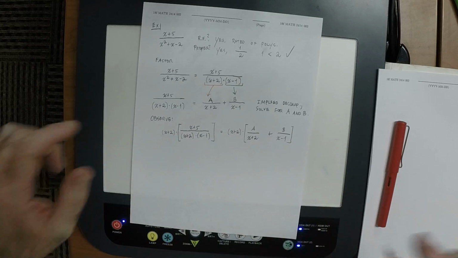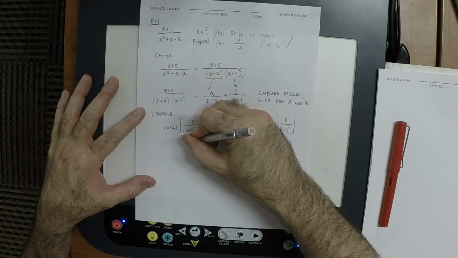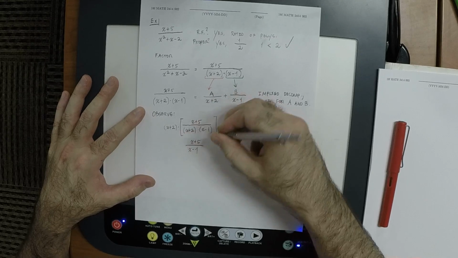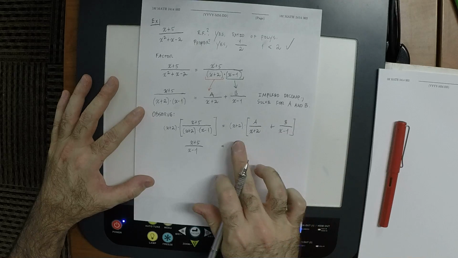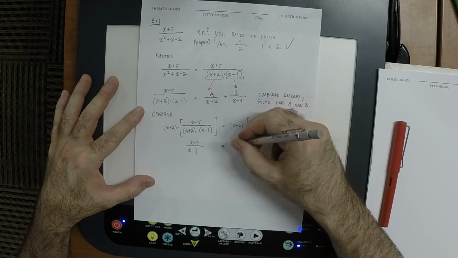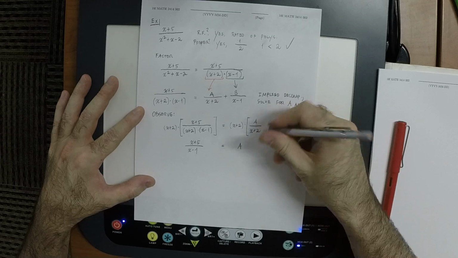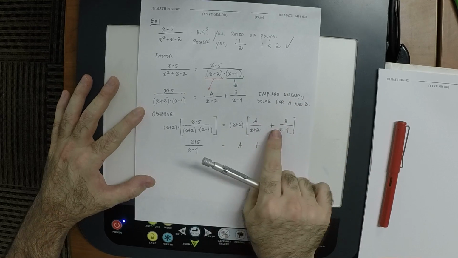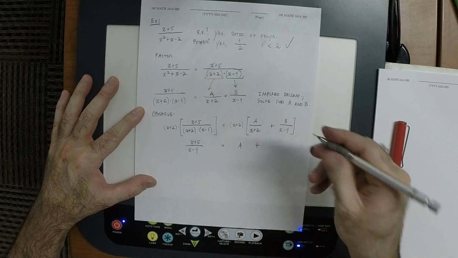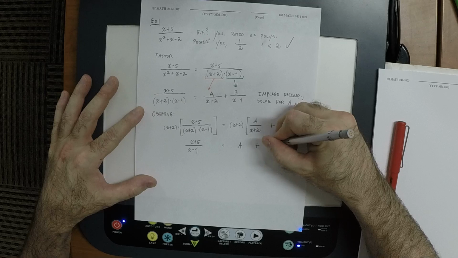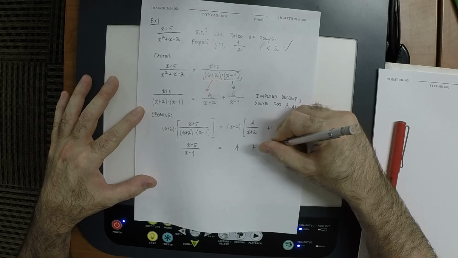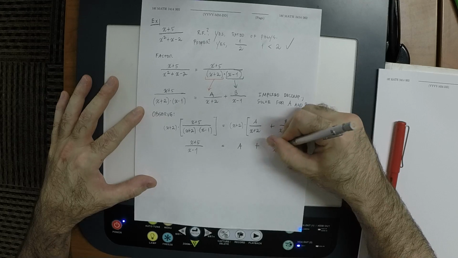Okay? So if we do that, then the result would be x plus 5 over x minus 1 is equal to, now, this will just have a, right? So then it'll be a, and then plus, so this distributes to that one. Is there a cancellation for that distribution? There isn't one. So this would be plus b times x plus 2 over x minus 1.